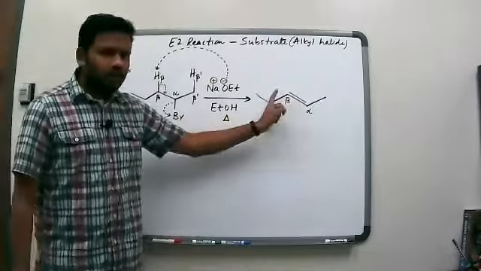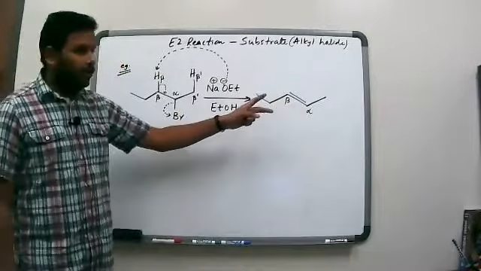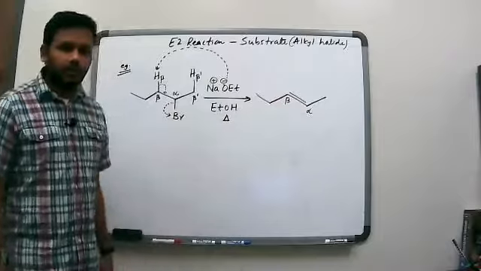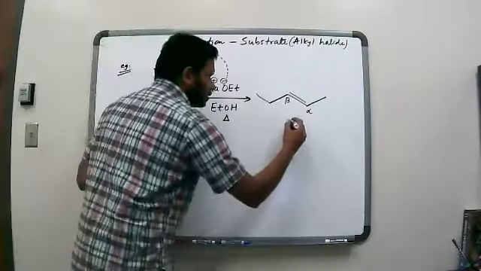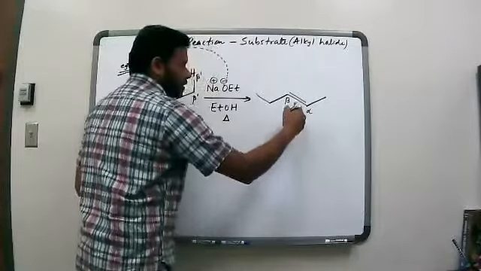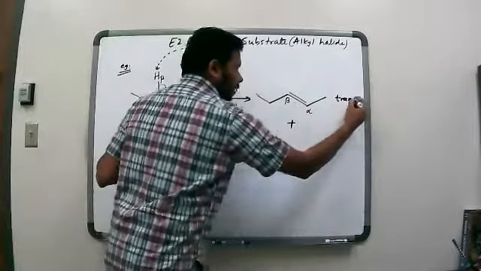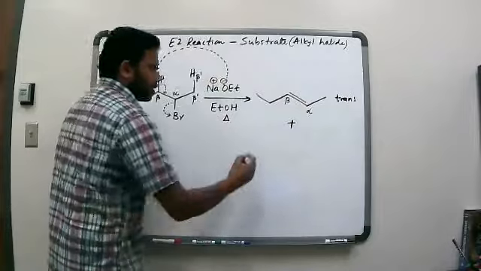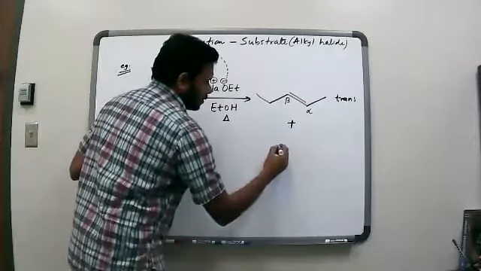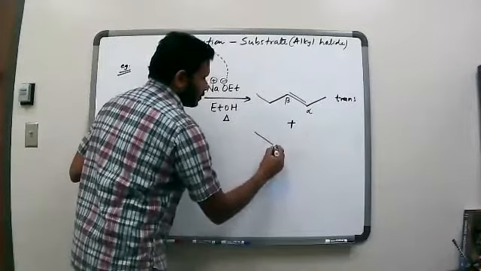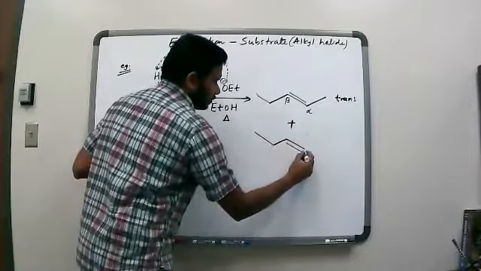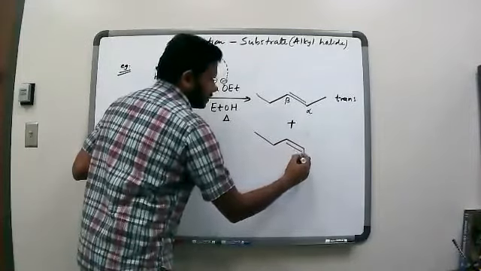Now we've drawn only one product that's possible when the double bond forms between alpha and beta, because this is a trans product. We could as well get a cis product.